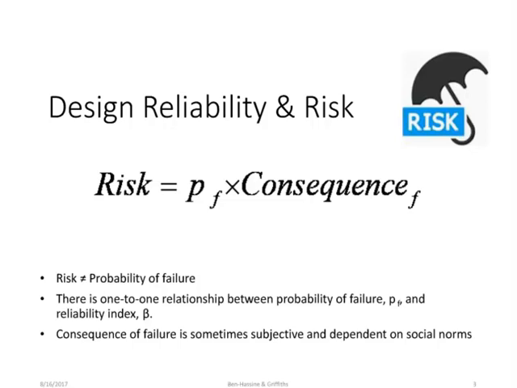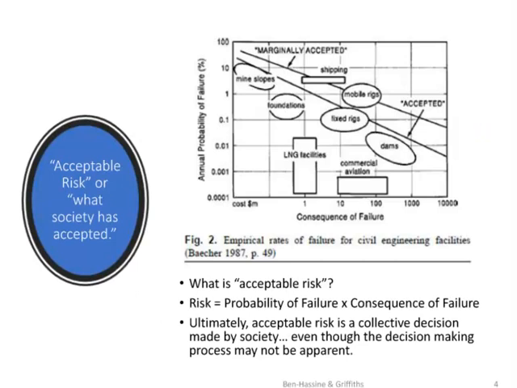And I also mentioned something about consequence of failure. It is not something that could be measured readily. It could be dependent on how society views something. It is how critical or bad it is for the society. So this slide here is from 1987 and shows what society has typically accepted as being acceptable risk.